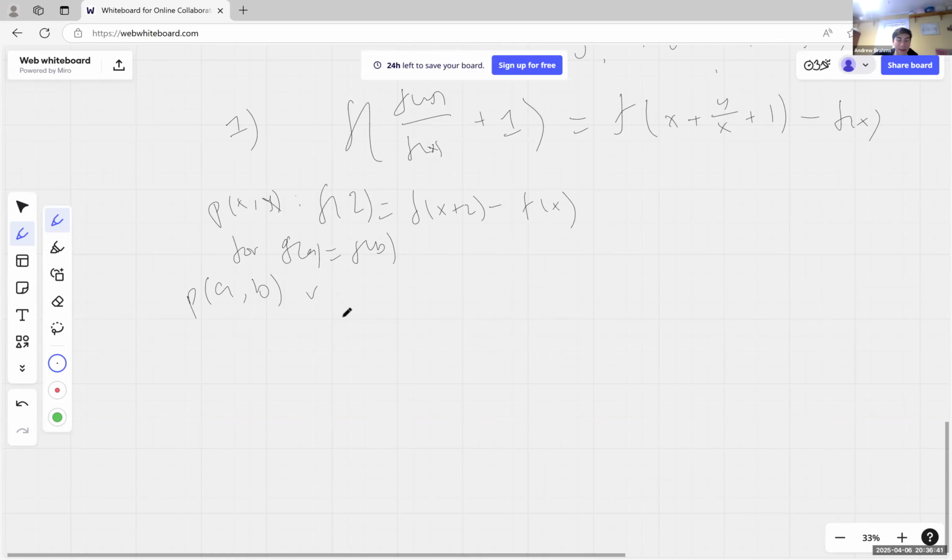Taking P of a and b and comparing it to P of b and a, or something like P of xa versus P of xb, or P of ax versus P of bx, stuff like that.